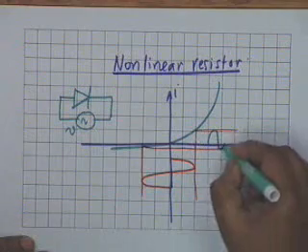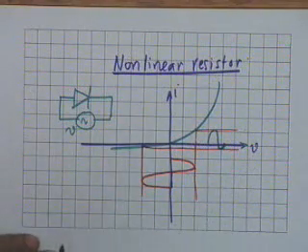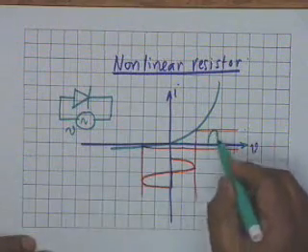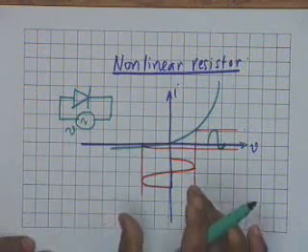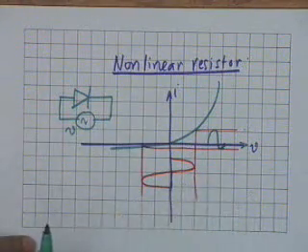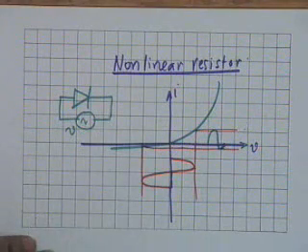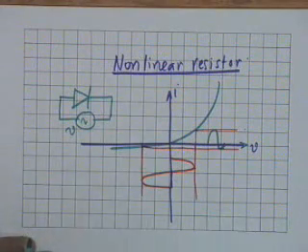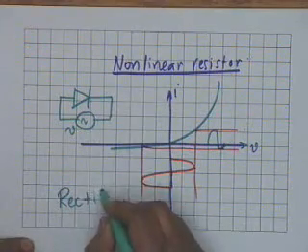There would be very little current when the voltage is negative. The current flows merrily when the voltage swing is positive. In other words, the diode, this nonlinear resistor, favors a positive voltage. It discriminates against a negative voltage, and therefore the diode acts as what is known as a rectifier.